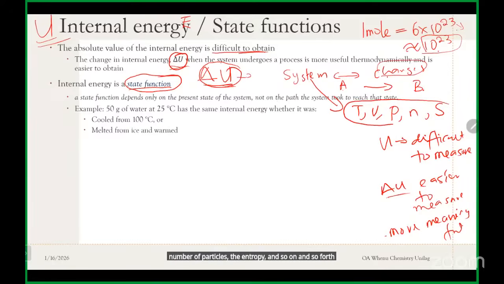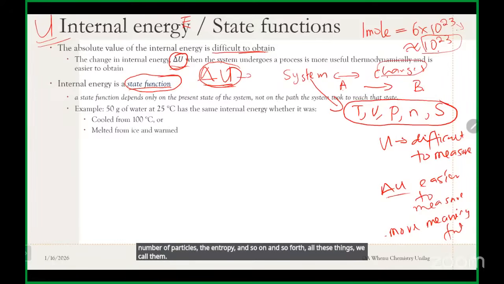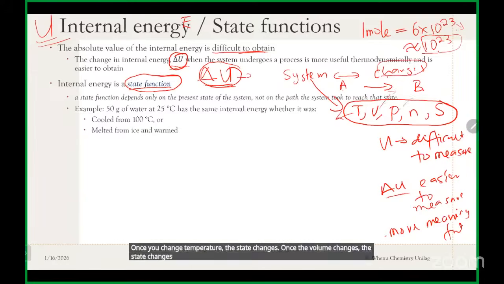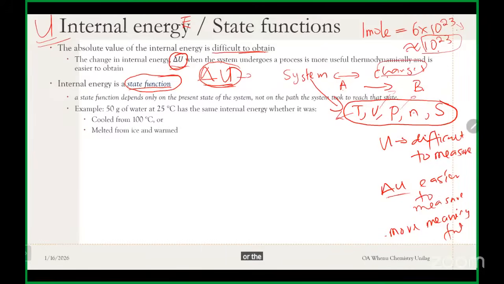All these things, we call them state variables, or thermodynamic variables. Once you change temperature, the state changes. Once the volume changes, the state changes. Once pressure changes, the state changes. Once the number of moles changes, the state of the system changes.